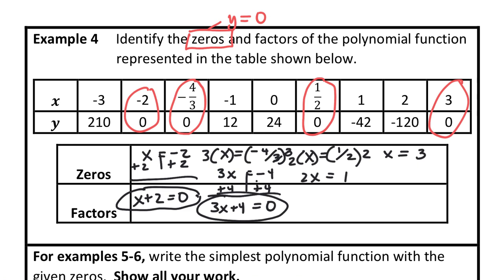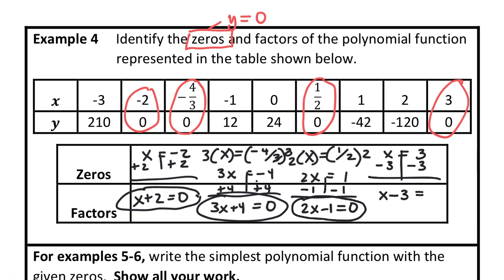Then I have to do the opposite of a positive one, which is subtract 1. And I get 2x minus 1 equals 0. And the last one, the opposite of a positive 3 is subtracting 3. So that's going to give me x minus 3 equals 0.